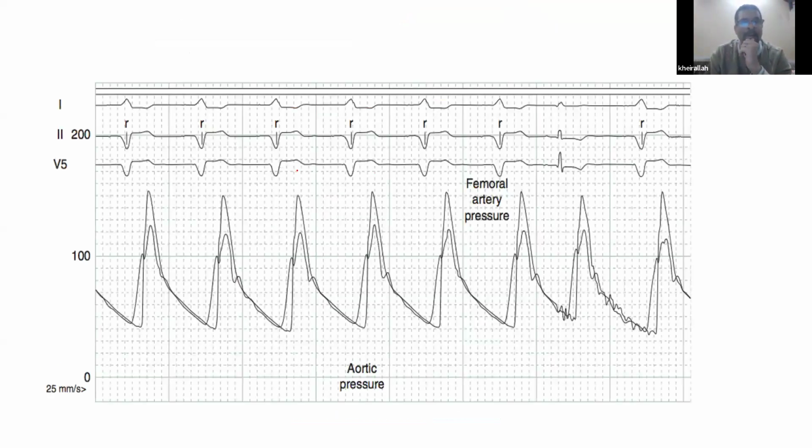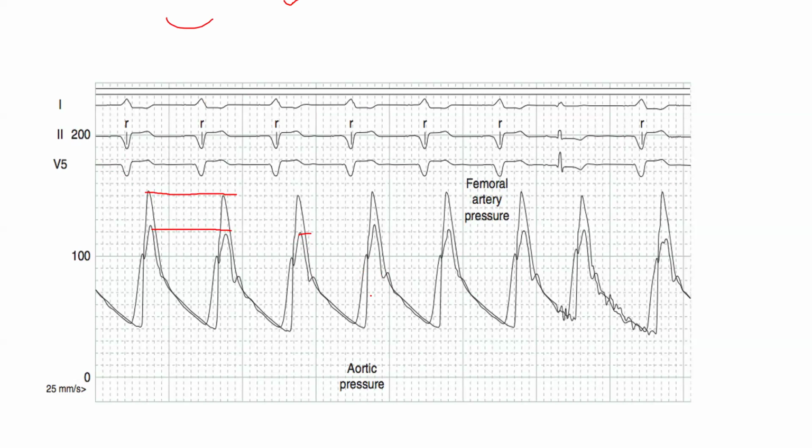Okay, if we look here, what do we see? Look, this one here is the femoral artery, and what is this other pressure? It is aortic. See the difference?